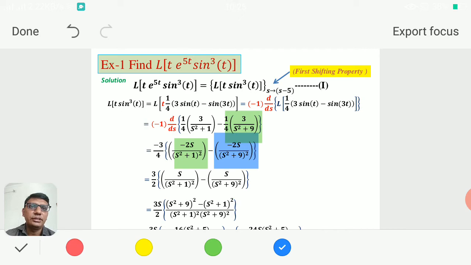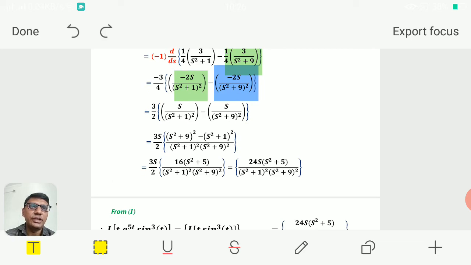After simplifying both terms we get 3 by 2 into s upon s square plus 1 the whole square minus s upon s square plus 9 the whole square. Here, taking minus 2 common outside, minus minus becomes plus, and 2 cancels with the 4 in the denominator. So finally we get this part.